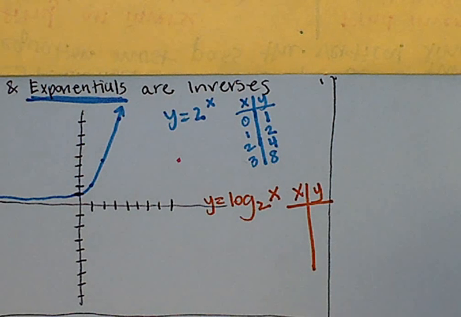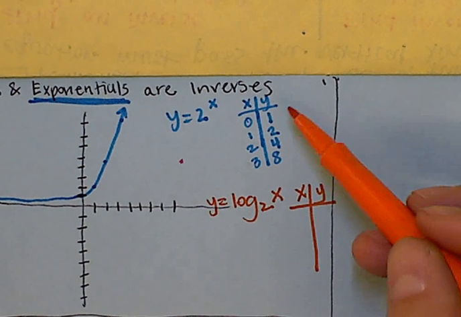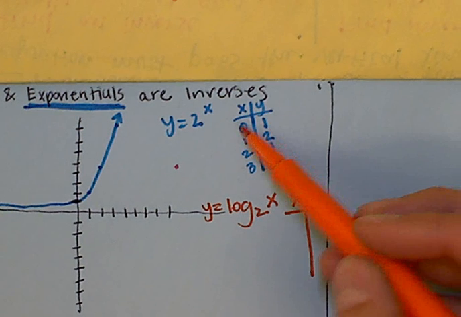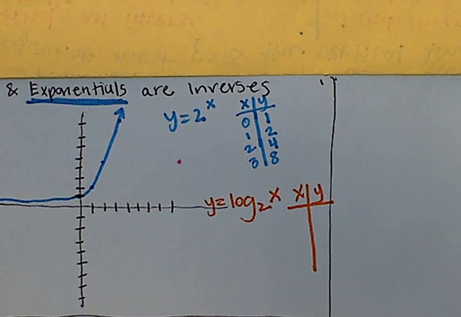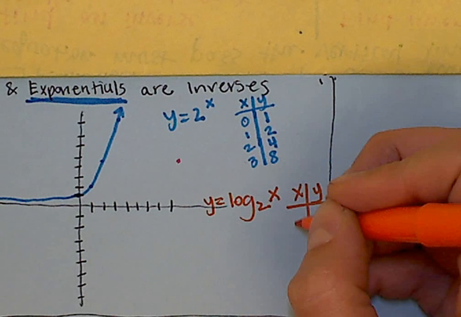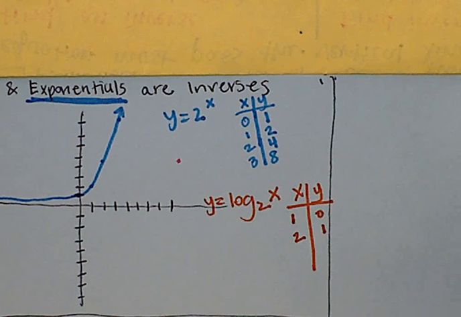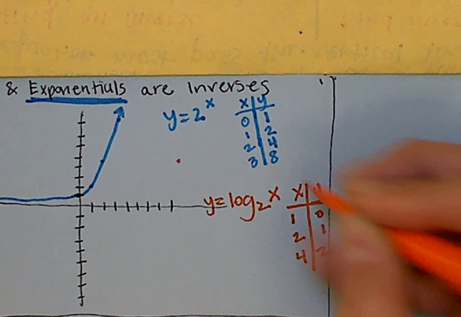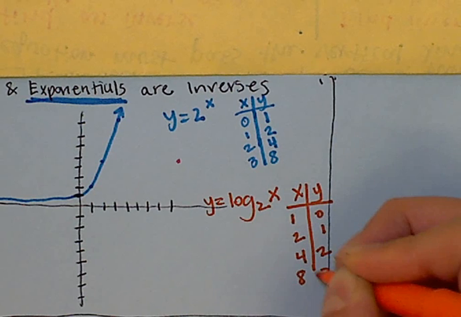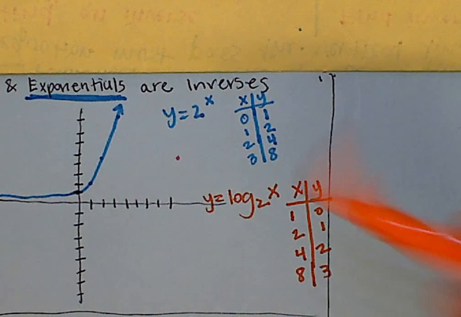To get the chart of an inverse quickly, I can just switch these x and y values. Inverses, remember, you can just switch x and y. So instead of (0, 1), I have (1, 0). Then I have (2, 1), (4, 2), and (8, 3). From the blue to the orange, I just switched my x and y.